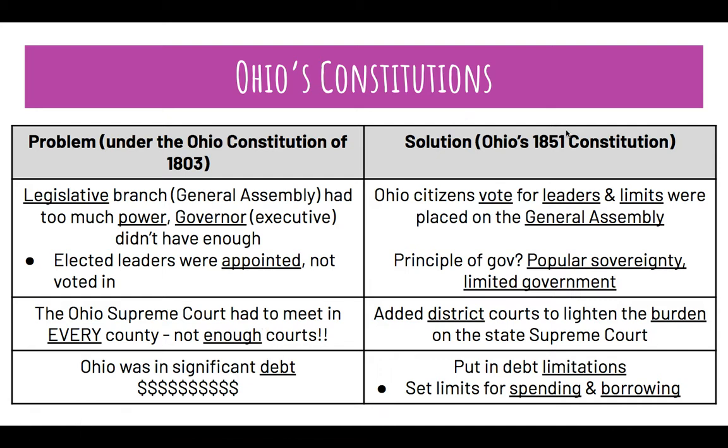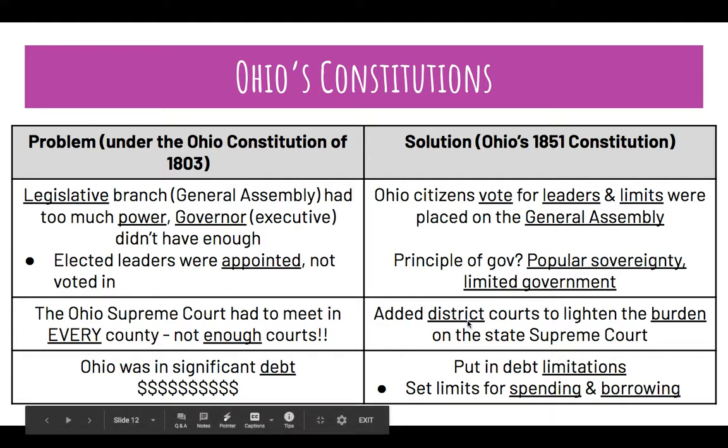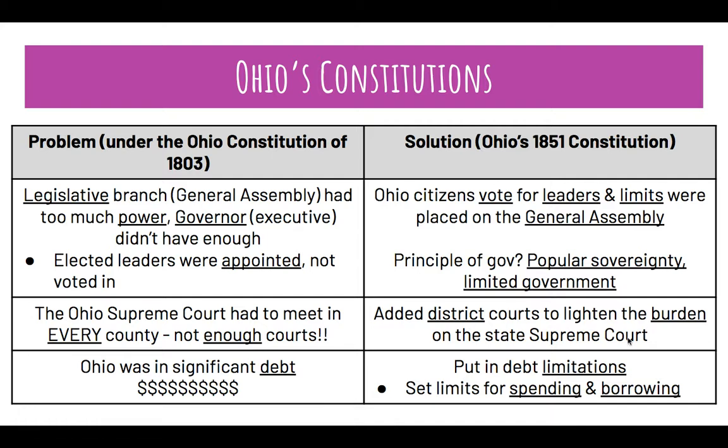In 1851, the new Constitution added district courts to lighten the burden on the state Supreme Court. Those district courts spread out over various parts of Ohio, so some counties are a part of a certain district. That way the Supreme Court doesn't have to travel to every single county every time there is an issue that they need to hear.